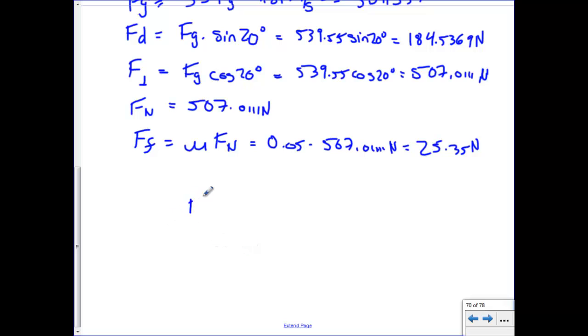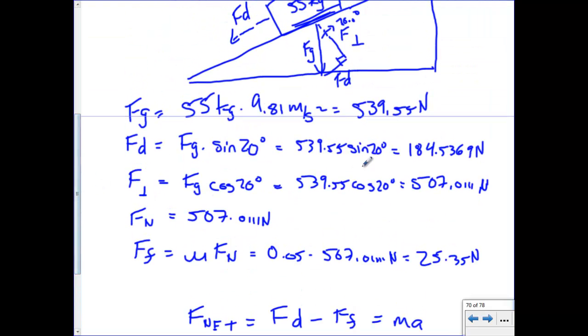Okay, well now let's use Newton's second law. So your net force will be equal to, let's see, it'll be the downward force minus the friction force, and that'll be mass times acceleration. Does that make sense why downward force is in front of friction force? Yeah, I mean you have some downward force, but you don't have nearly as much friction force.